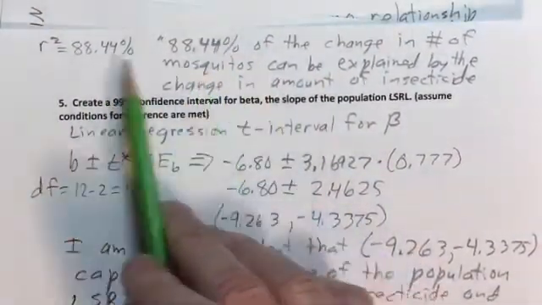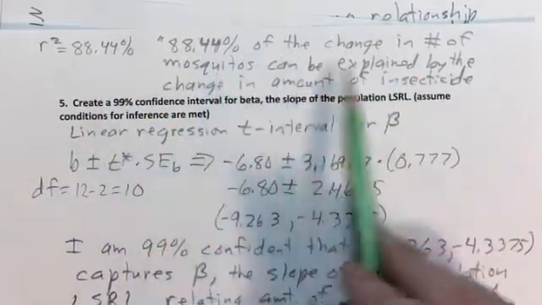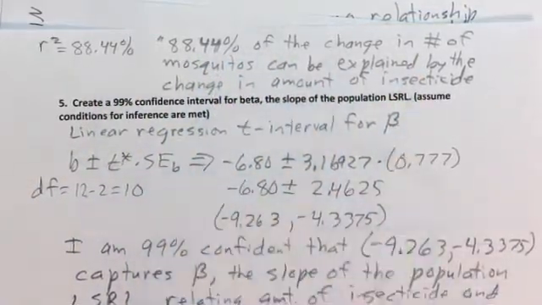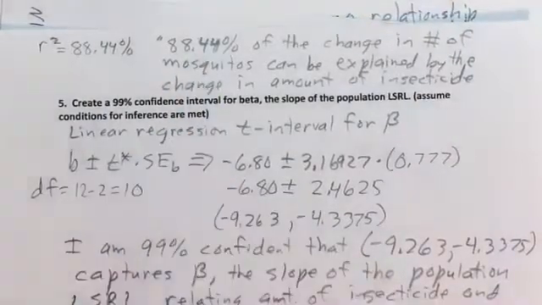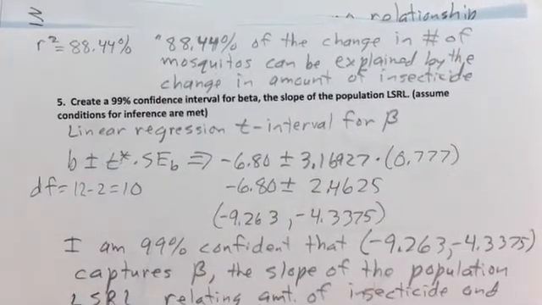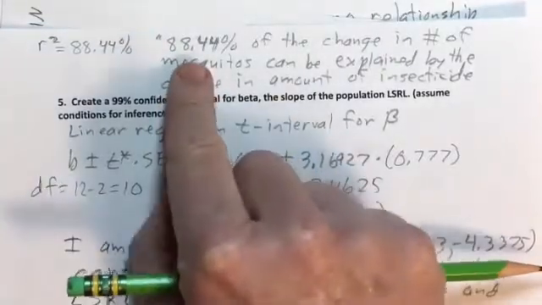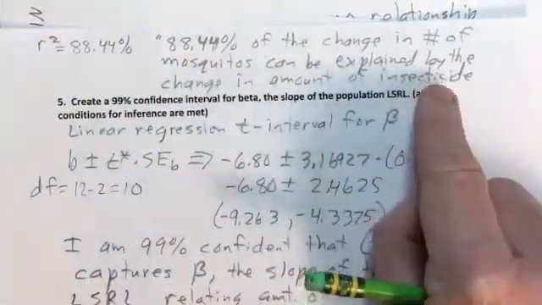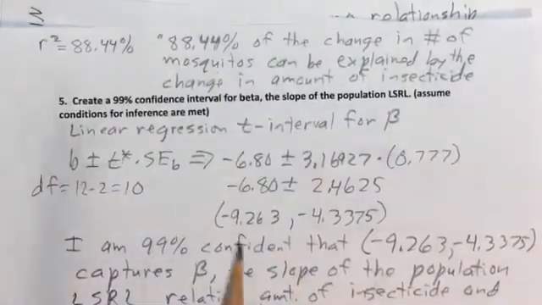Interpreting that value, 88.44% of the change in the number of mosquitoes can be explained by the change in the amount of insecticide. In other words, the other 11.56% is other variables going on, maybe the weather or other environmental conditions. But the vast majority of the change in the number of mosquitoes in this case is related to the insecticide.